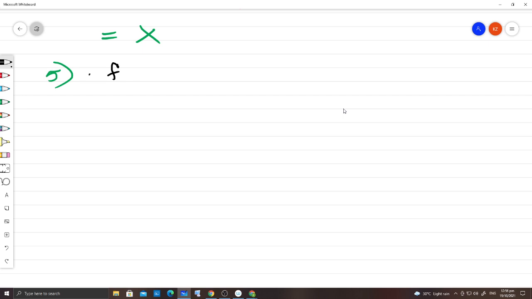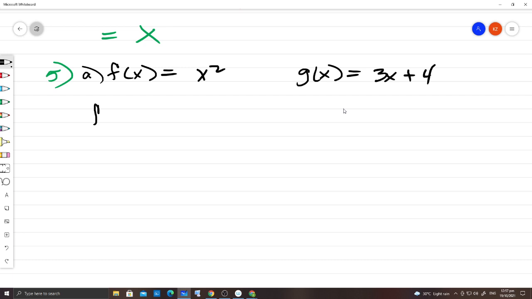So, letter A. f of x is equal to x squared, and then g of x is equal to 3x plus 4. The question is find f composed of g of x.